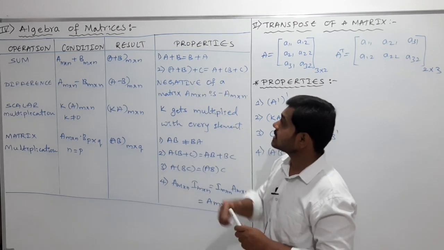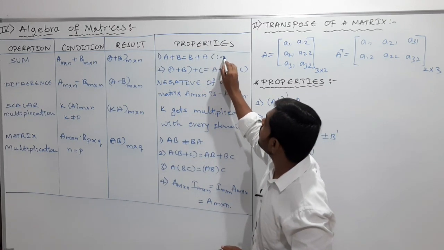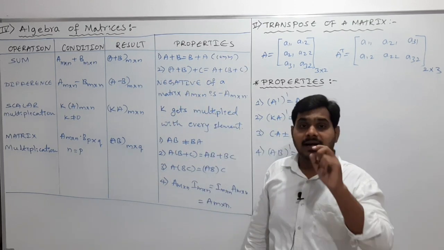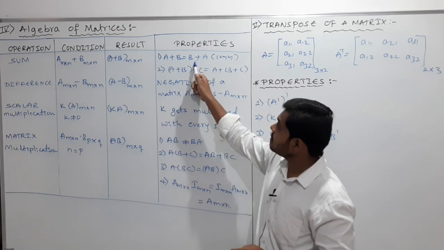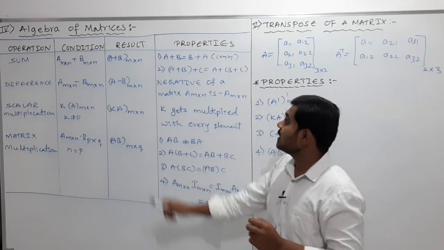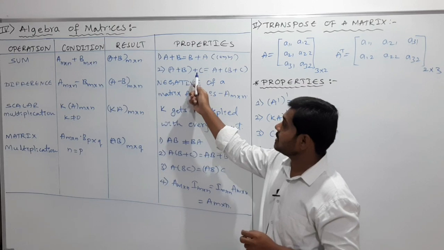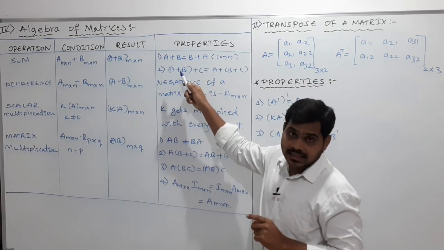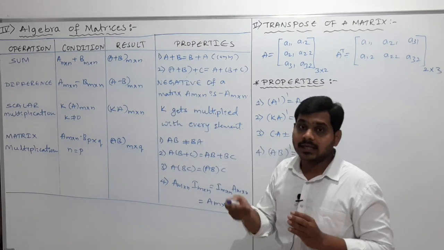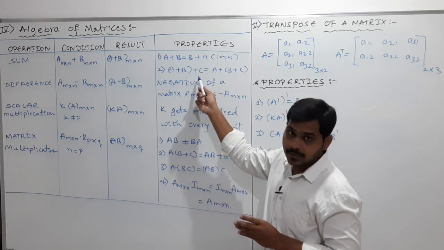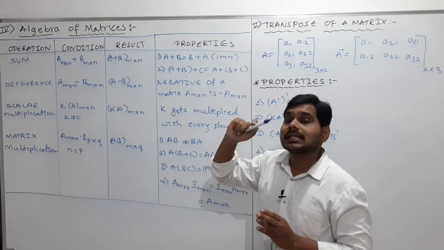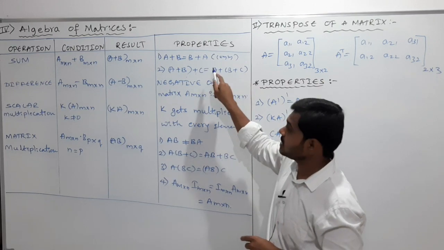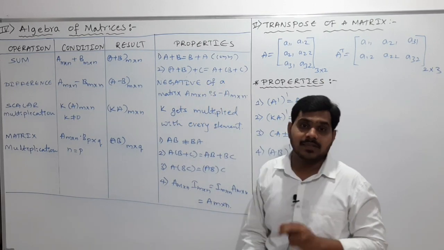This is what we call commutative. Commutative means if you change the order, the result will be the same. A plus B answer is the same as B plus A. And the second property is A plus B plus C. If you first add A plus B, and to that resultant matrix you add the matrix C, the same answer you will get if you first add B plus C, and then to this you add A. There are no changes.